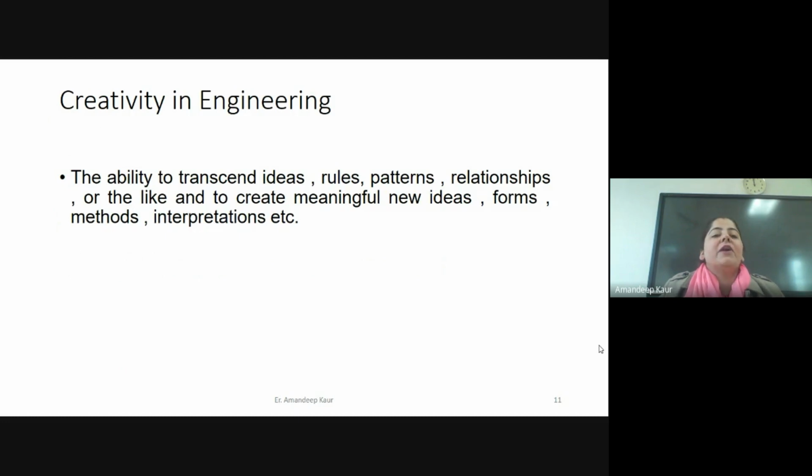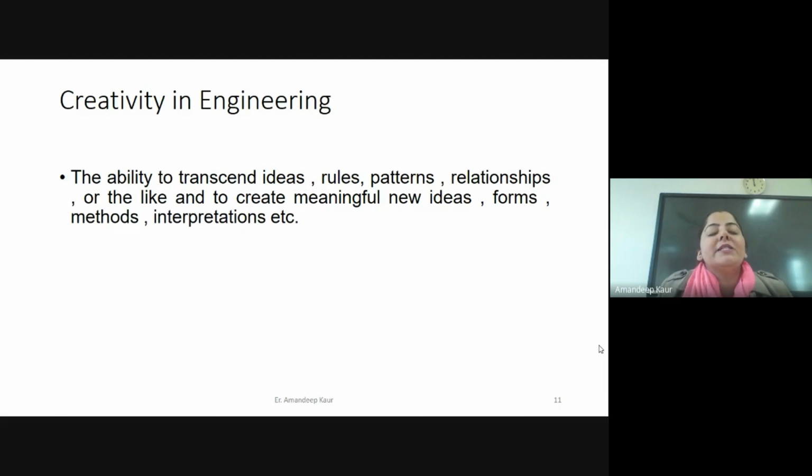Say, for example, a student in the branch of civil engineering, if he or she is able to design a bridge, maybe a prototype model in the subject of structural engineering, it means that student is able to develop his or her potential up to the level of creation.